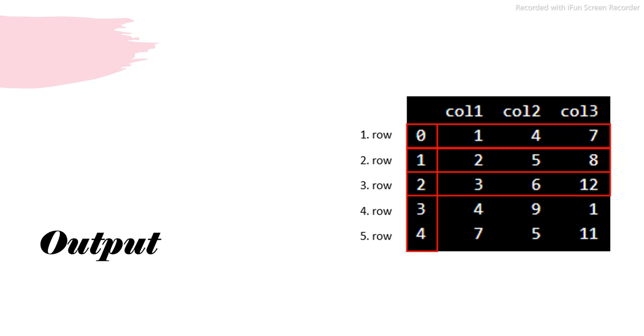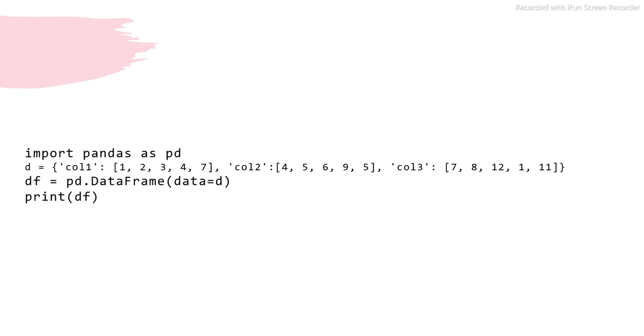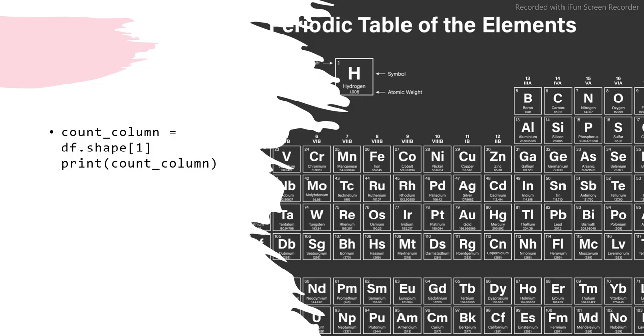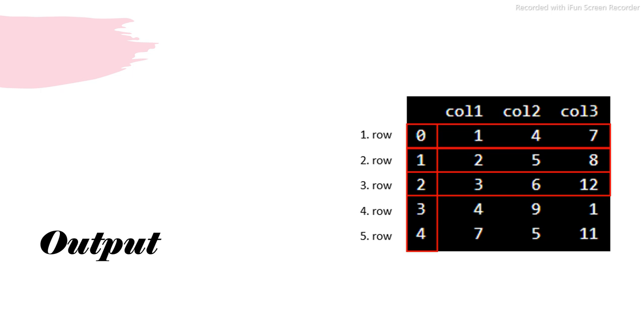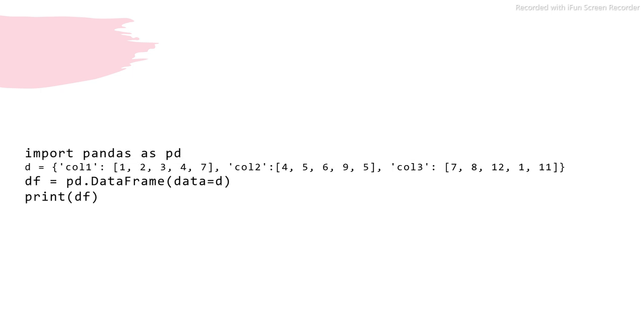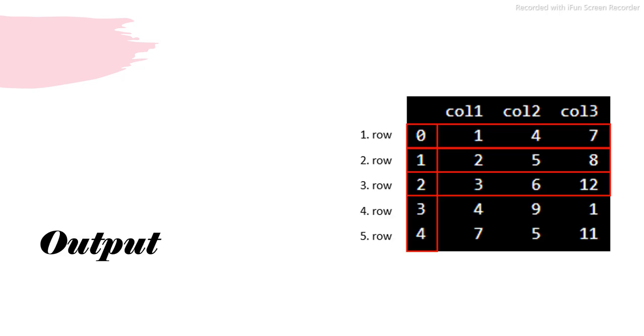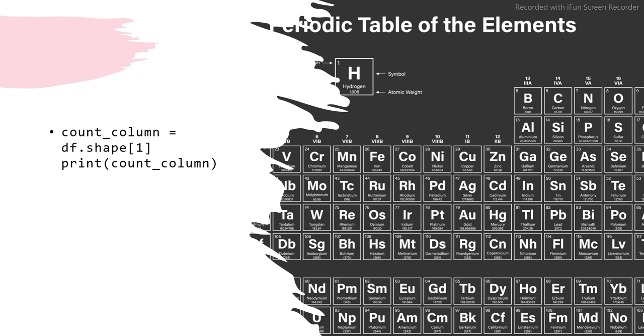You'll have column 1 equal to 1 2 3 4 7, which is the data given in d, and column 2 equal to 4 5 6 9 5, as given in the data, and column 3 equal to this data. So this is the output you will get.